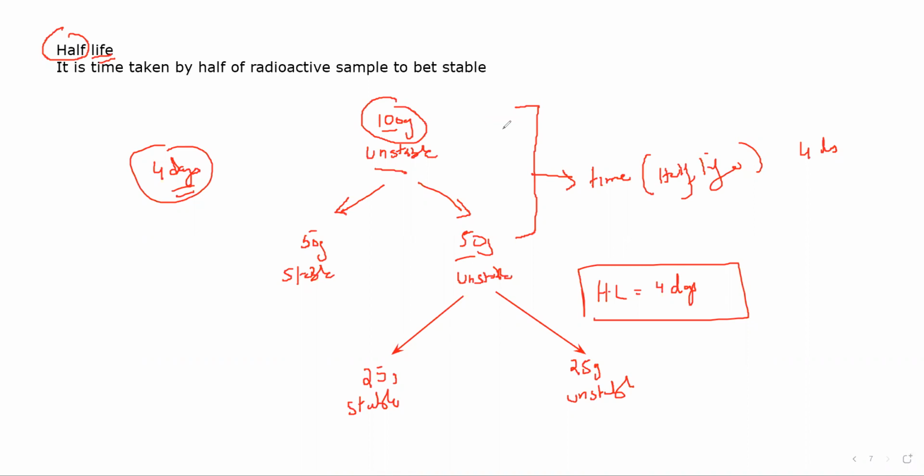Some elements have a longer half-life, for example about 4,800 years. That's a very big time interval for the sample to decay. And some elements have a very short half-life, for example 8 minutes. So within 8 minutes, they decay or break down into half of their original value.